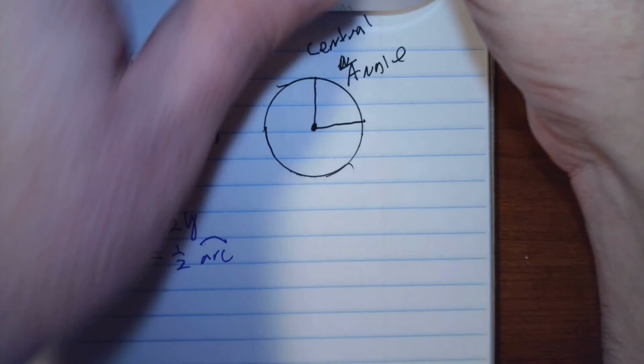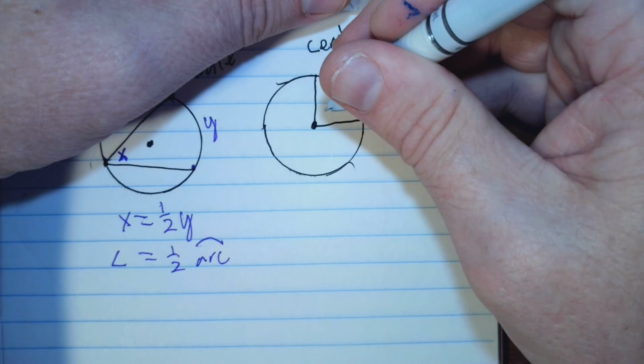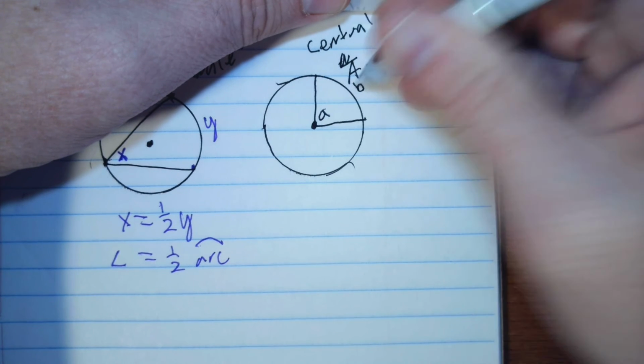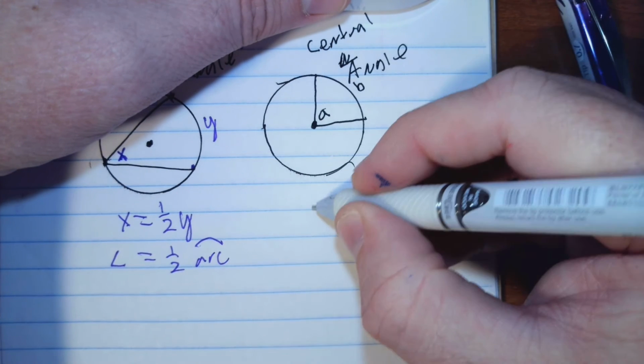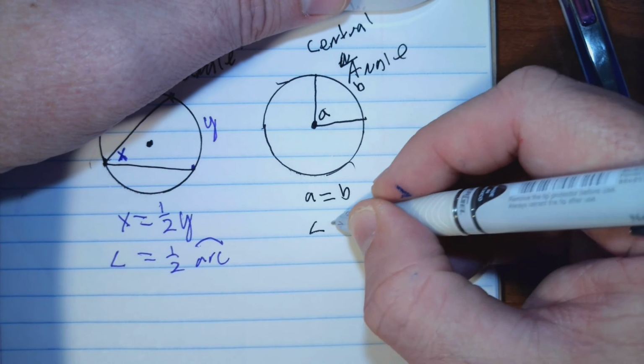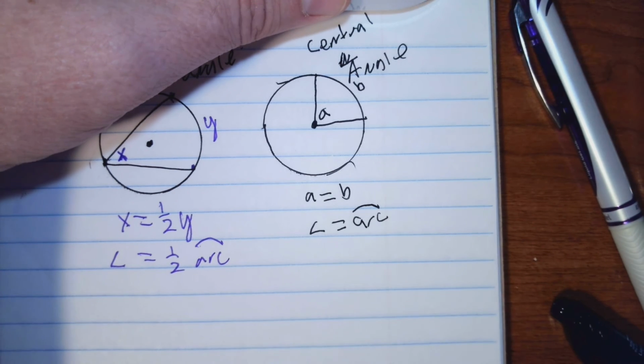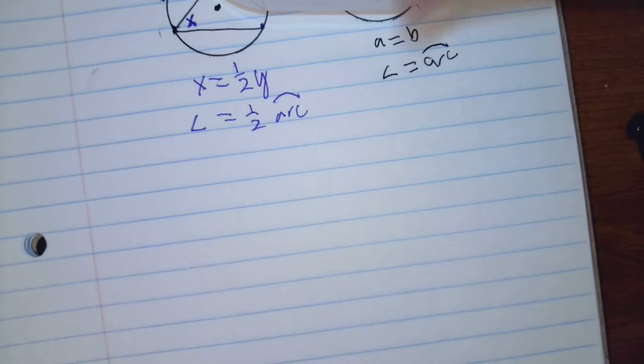Let's look at the central angle here. The central angle, and I'm not going to use x, y, I'm going to use a and b. It is a equals b. The angle equals the arc. So that's what's going on with the inscribed angle. That's basically what we need to do.